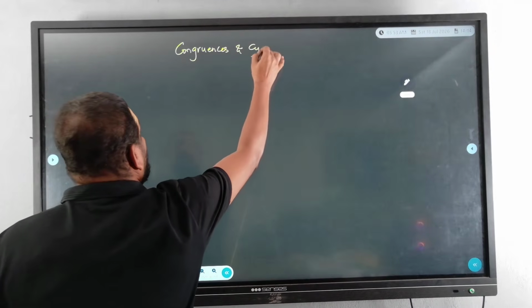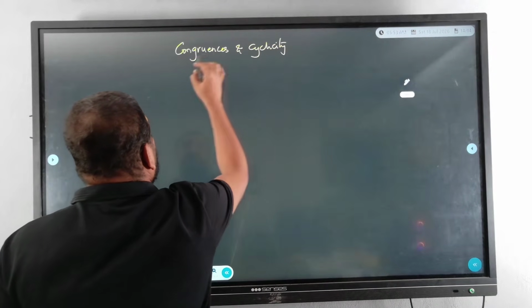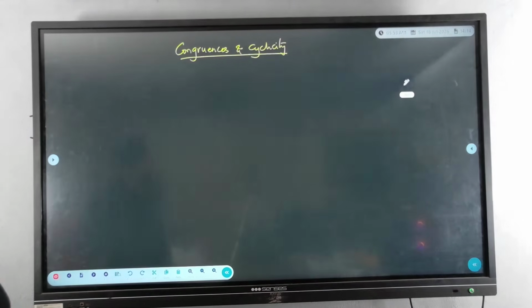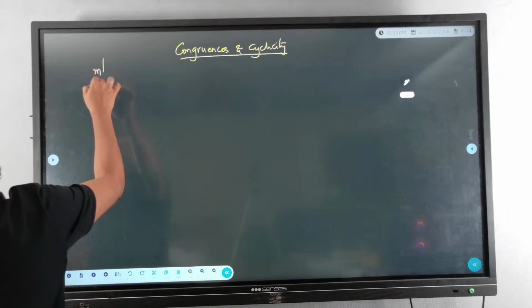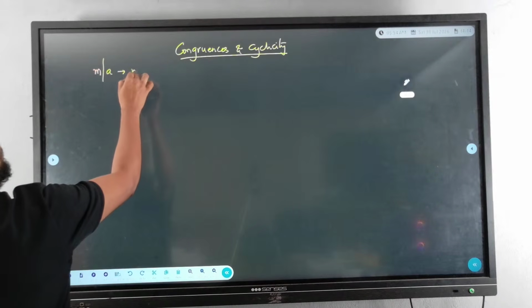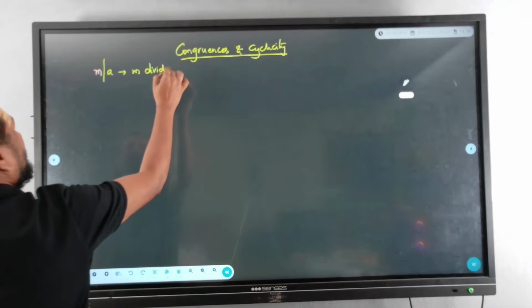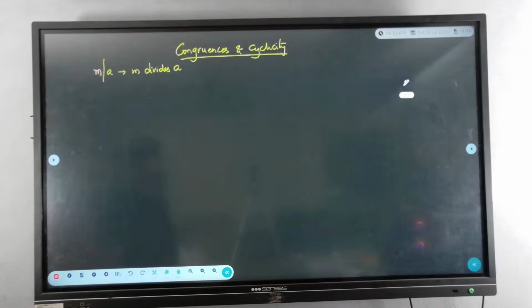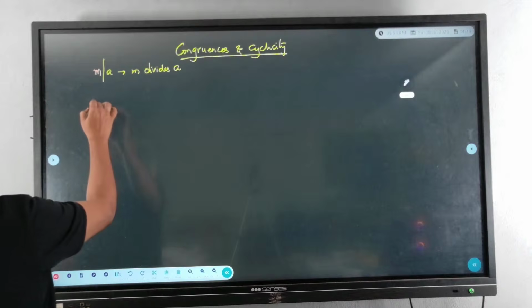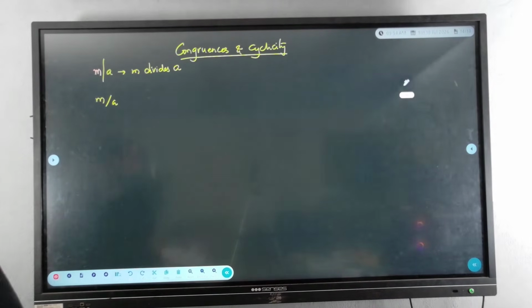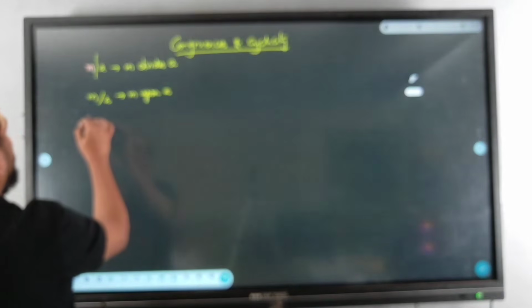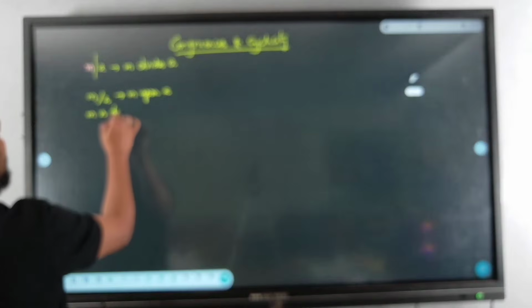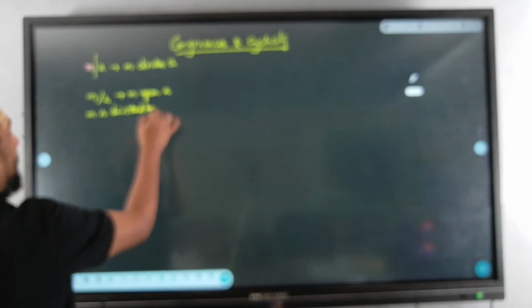Congruences and cyclicity. So this is m divides a. m divides a is not the same as m by a. m upon a means m is divided by a.